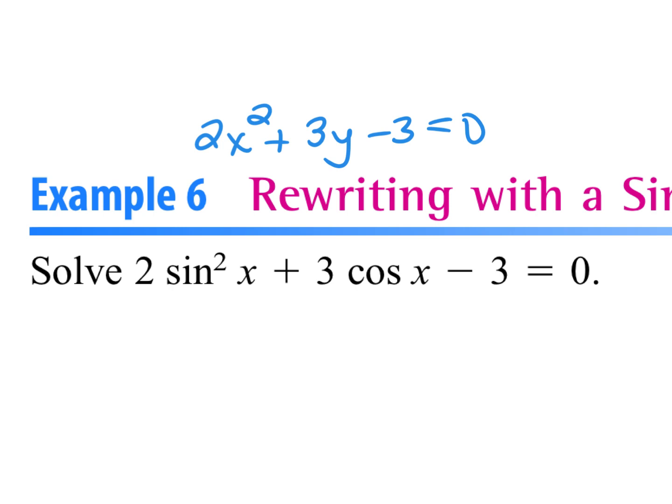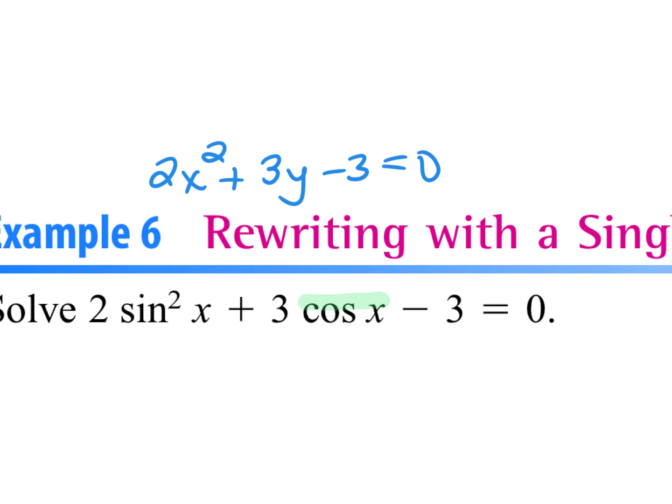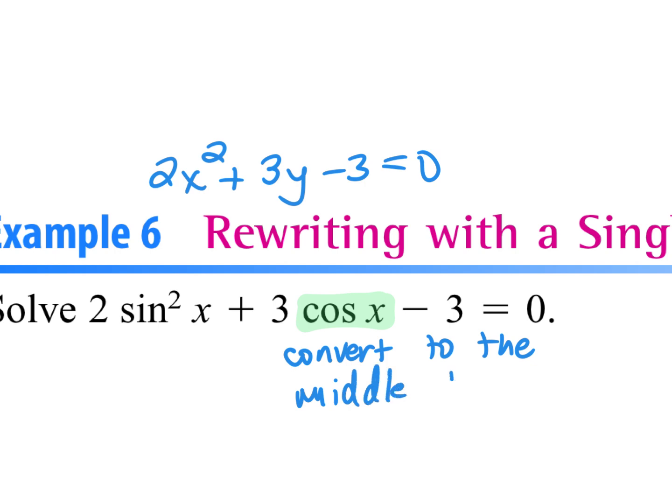Well, when you have a quadratic, this is a quadratic because the highest exponent is 2. When you don't have the trig functions the same, listen to me, guys. You are always going to convert to the middle trig function.